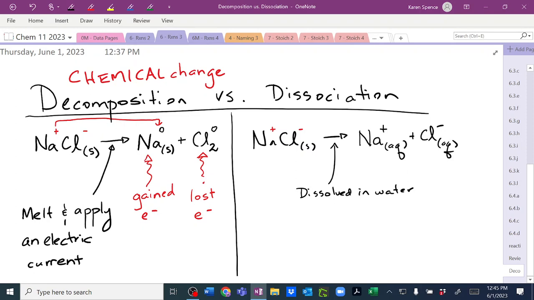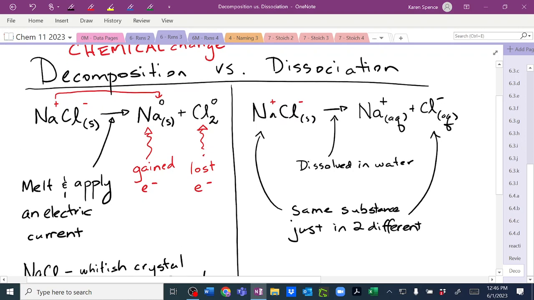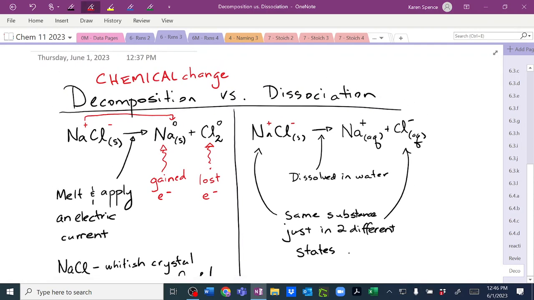So this is the same substance, just in two different states. And this is a physical change.